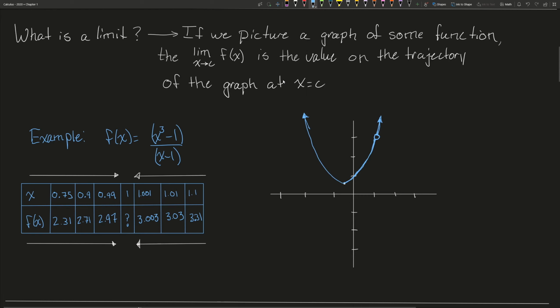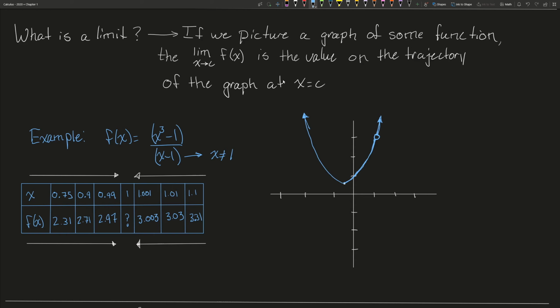So before we even get to limits, I just want to think about this function as a whole. And the first thing I notice is that this denominator has a chance of being 0 when x is equal to 1. So x can't equal 1 on this graph. So there is no output for when x is equal to 1.